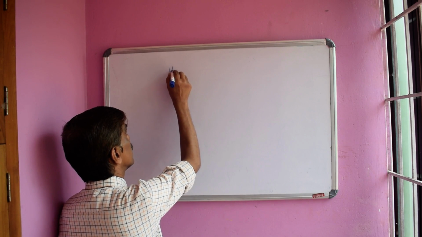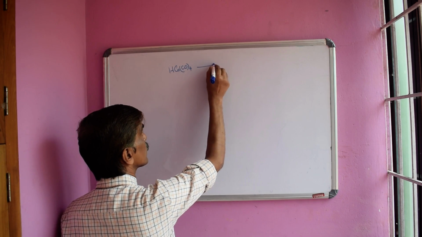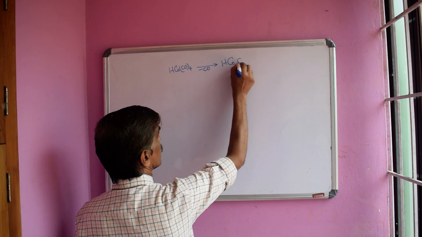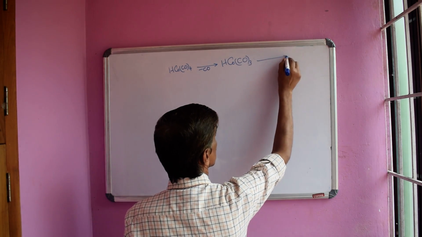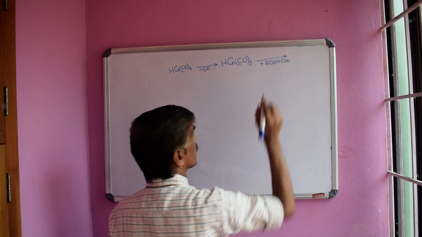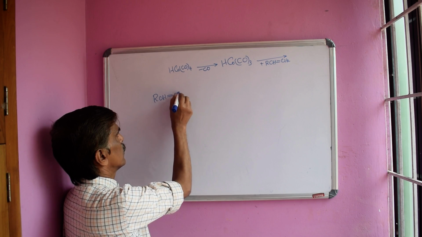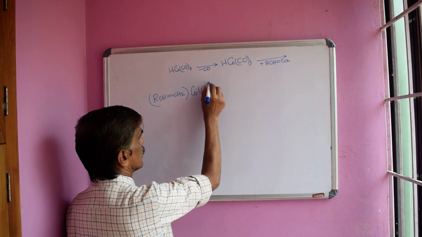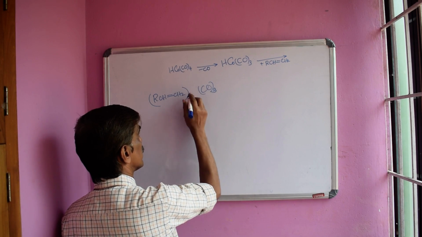Starting from the first compound, HCo(CO)4, minus 1 CO forms HCo(CO)3. Then plus RCH=CH2. The second step is the coordination of the olefin, forming the complex with RCH=CH2 as one of the ligands, then cobalt, then CO3, and the H. H is very important.